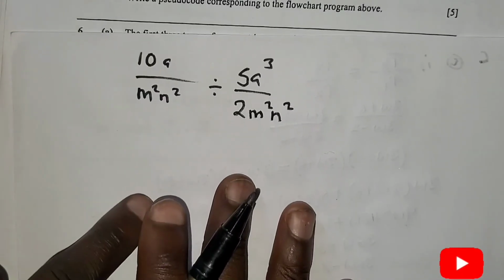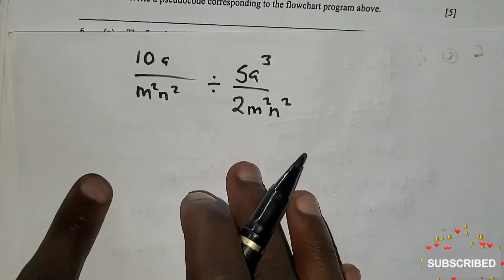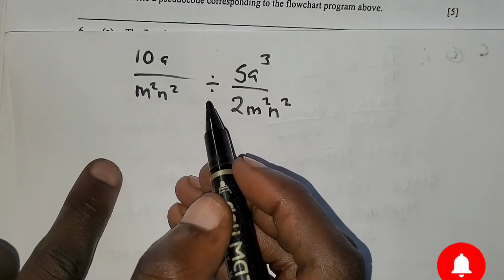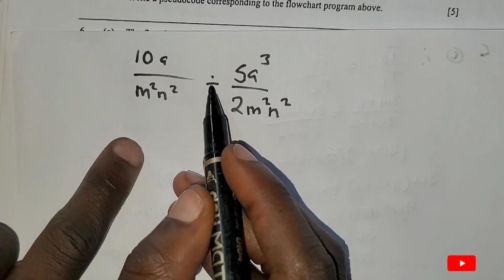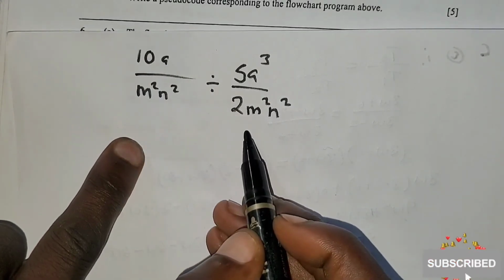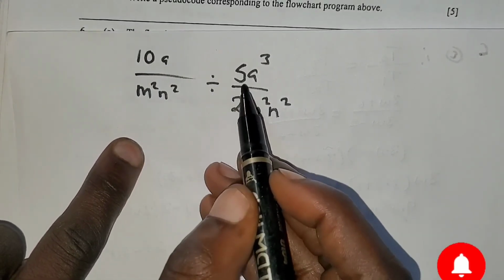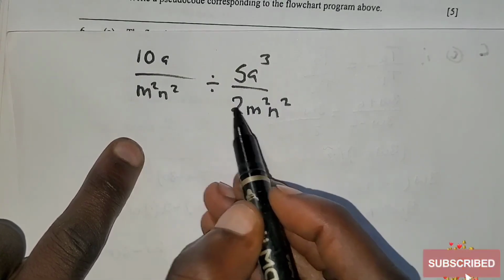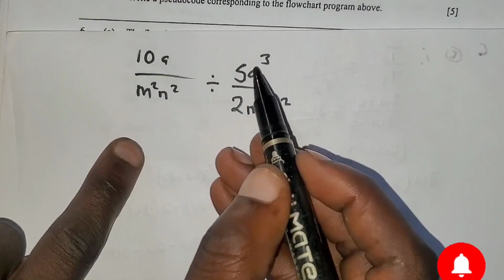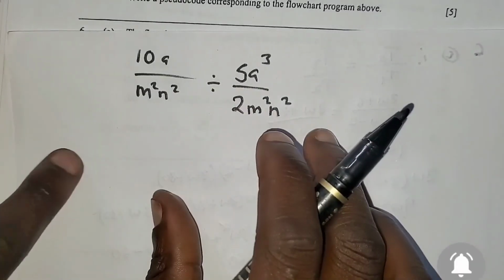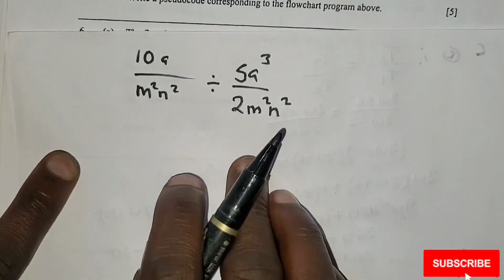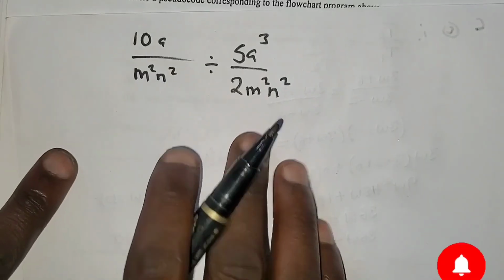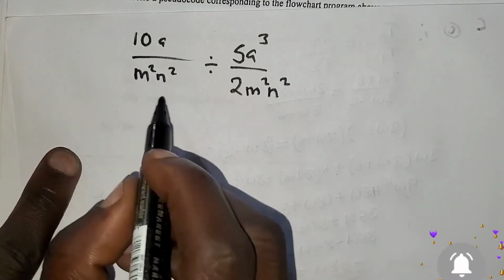Now let's solve this out. When there's a division sign, just cross multiply. If you don't want to cross multiply, you can introduce a multiplication sign and reciprocate the fraction. So let's just cross multiply, because this is 2 marks and we don't have to waste much time.